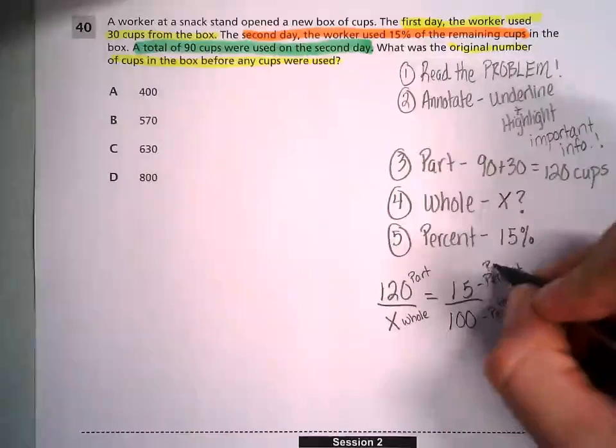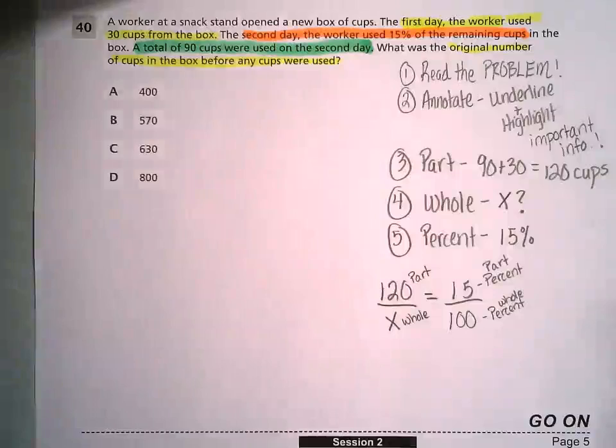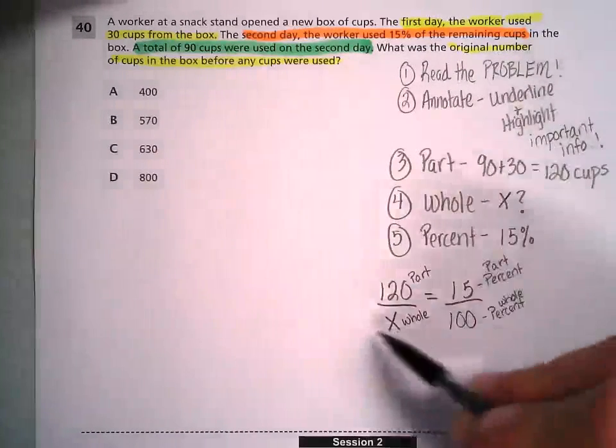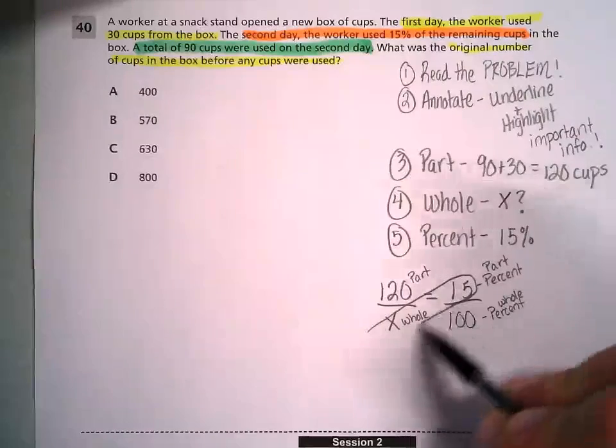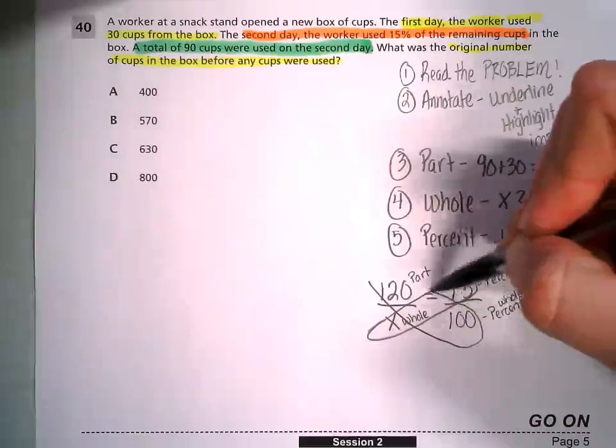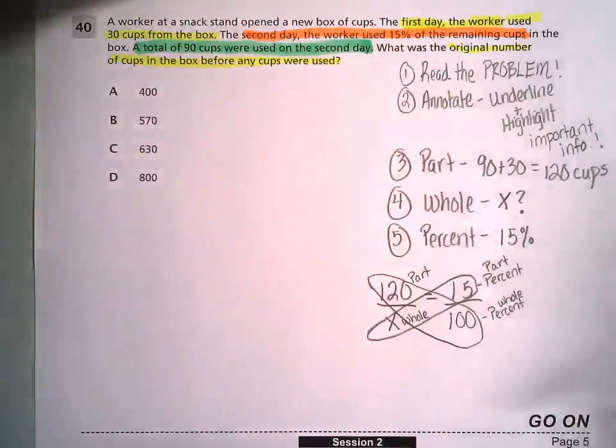This is our part of our percent. So what I'm going to do is, I don't want to mess around, so I'm going to cross multiply, and that's what I'm most comfortable with. Could you scale up? Yeah, but it could create some confusion and some issues with the math. So my comfort level on this problem is to cross multiply.